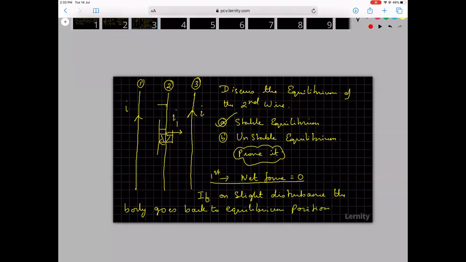So if I pull it a little this side, the repulsive force becomes more and it goes back. If it goes this side, the repulsive force becomes more, and it comes back. So this body is in stable equilibrium.